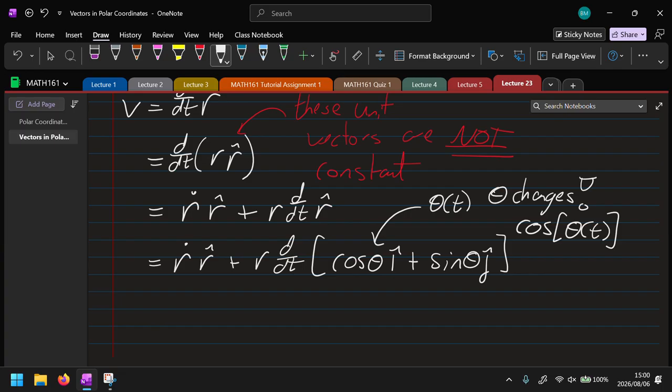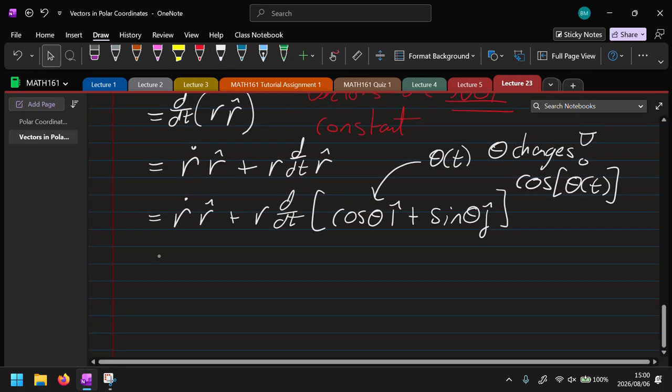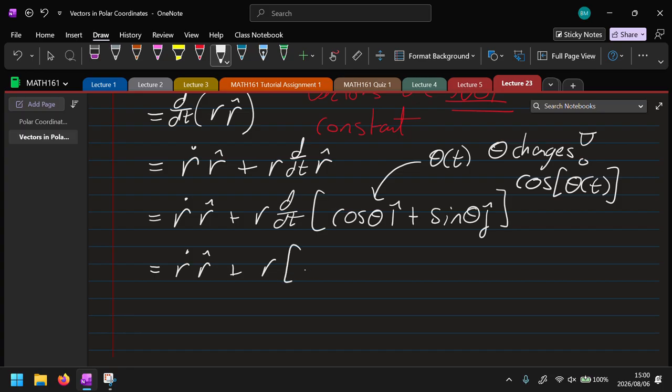So let's do the derivative. Because it's cos of theta of t, we need the chain rule. So the derivative of cos, negative sign, and then by the chain rule, we multiply by the derivative of theta. So this is going to be r dot r hat plus r times minus sine theta theta dot plus cos theta theta dot j hat.